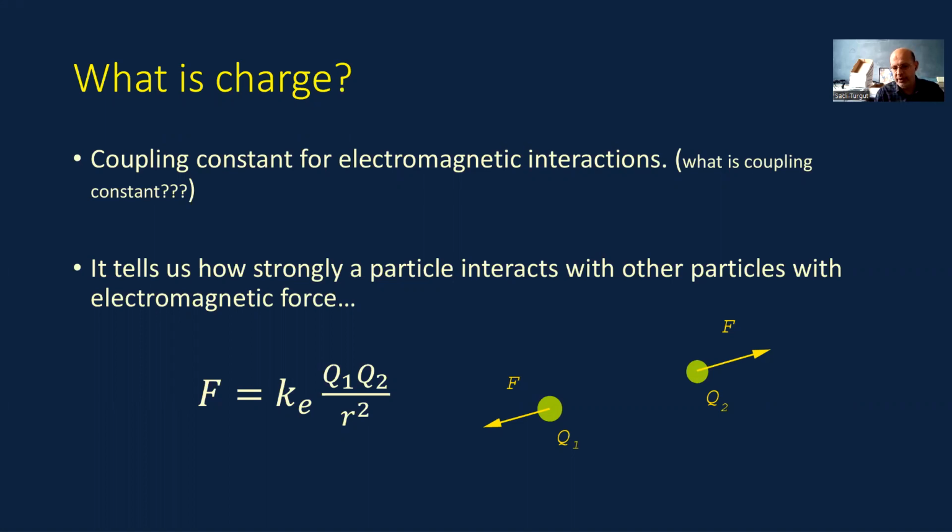If the charge is double, then it interacts twice as strongly with that force, and things like that, right? So in that respect, it's a property of the particle that tells us how strongly it interacts with other particles through that force. Okay.